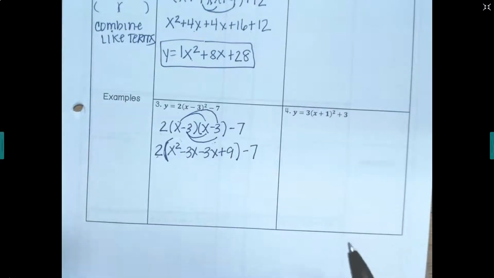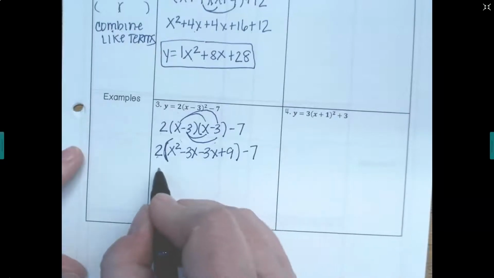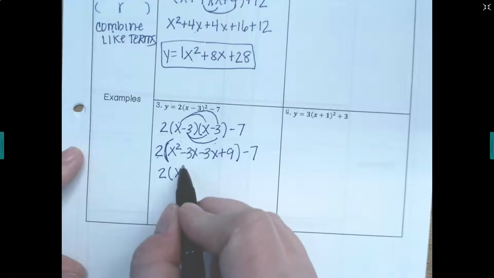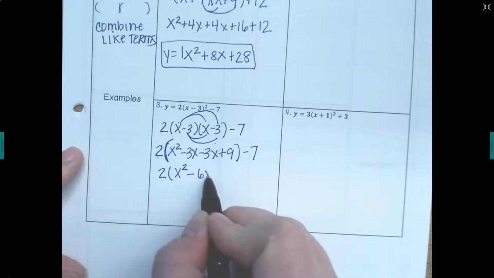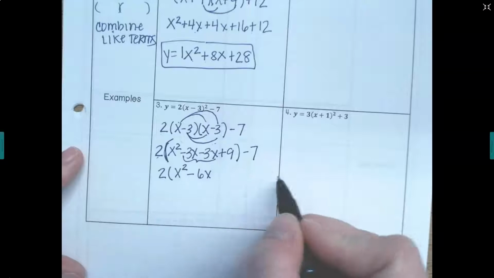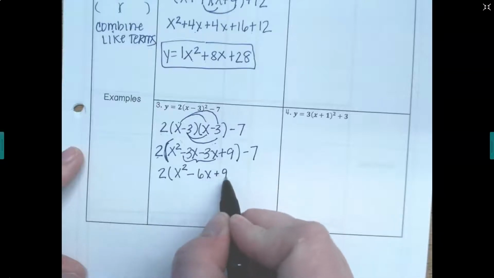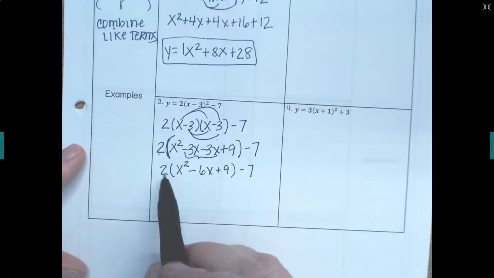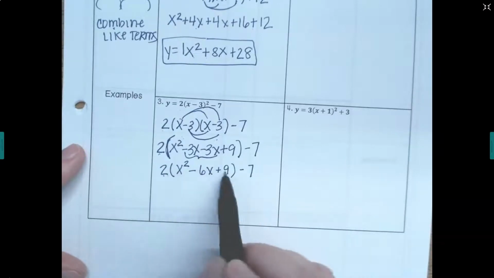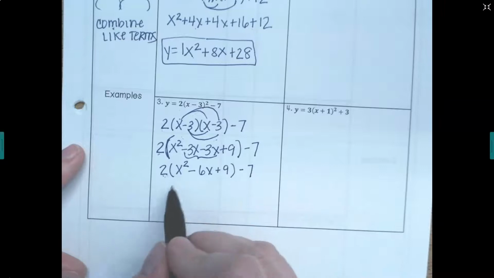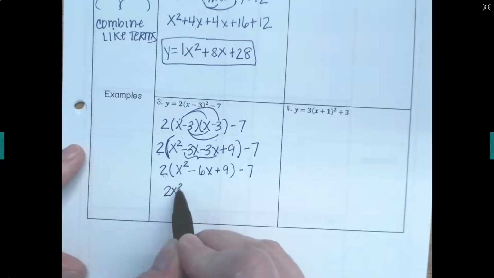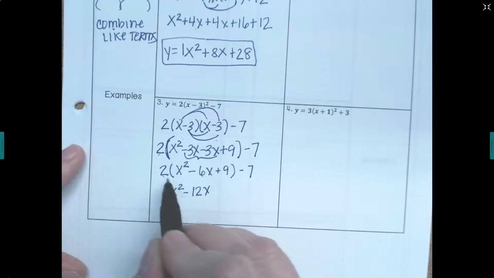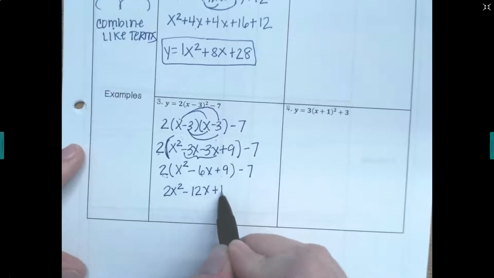So I'm going to simplify a little bit before I distribute the 2 through, because I have some like terms within the parentheses. So I have x squared minus 6x, because these two guys are going to combine together, plus 9 minus 7. Now I'm going to go ahead and distribute the 2 through the entire parenthesis. So 2 times x squared is 2x squared. 2 times negative 6x, negative 12x. 2 times 9 is 18.